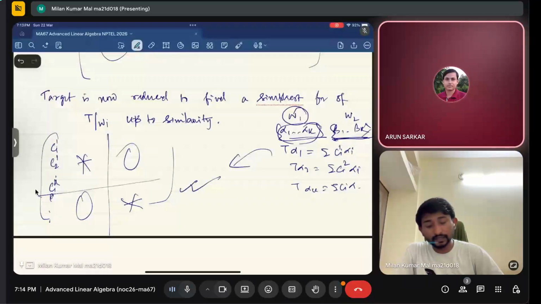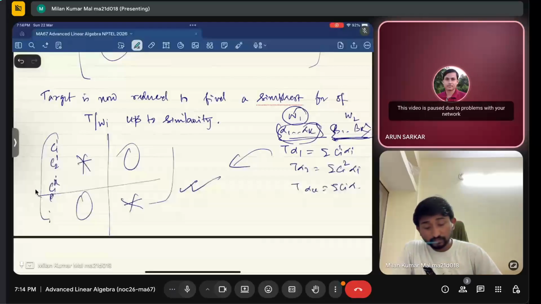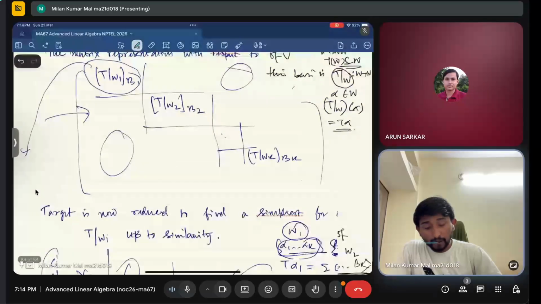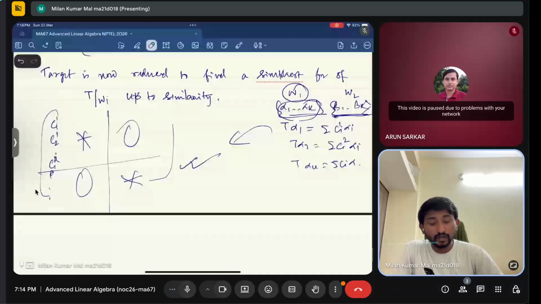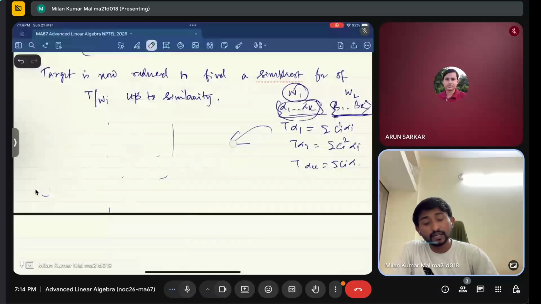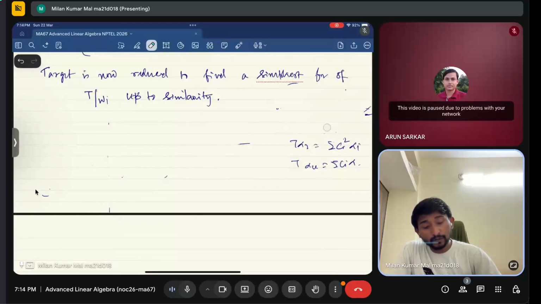If it is clear, then this expression will also be clear. Up to similarity, we are getting some simple form, but we want a simpler form. Suppose we have T restricted to Wi, and we want the simplest form of that matrix.